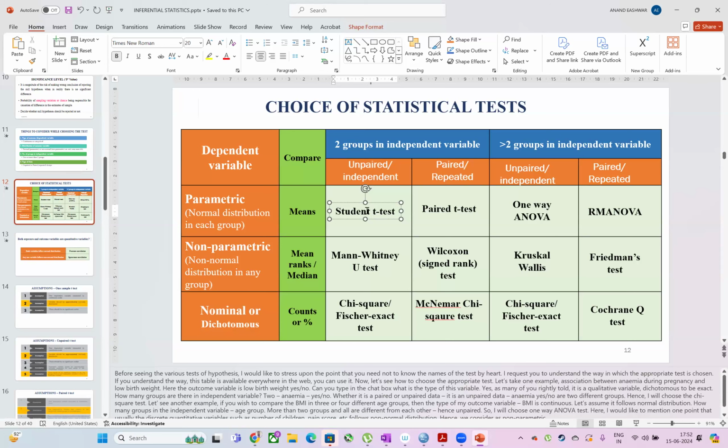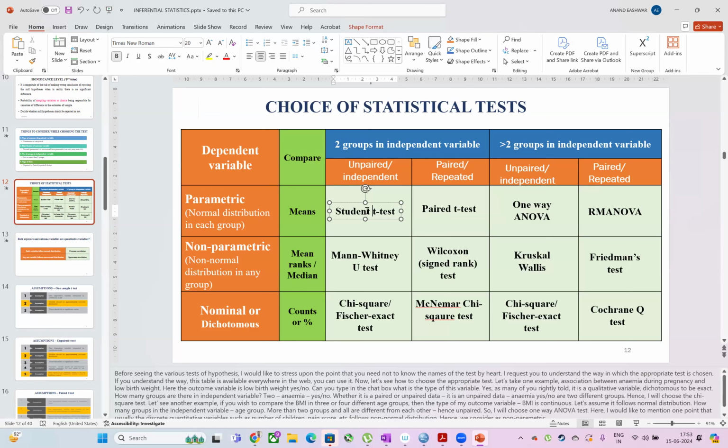Sometimes it may not be significant, but the reason we say we have to use non-parametric is that a false association, if you use the t-test for non-normally distributed data and say that an association is there, will lead the scientific literature to the wrong side. So we always say that if normality is compromised, go for the non-parametric test.